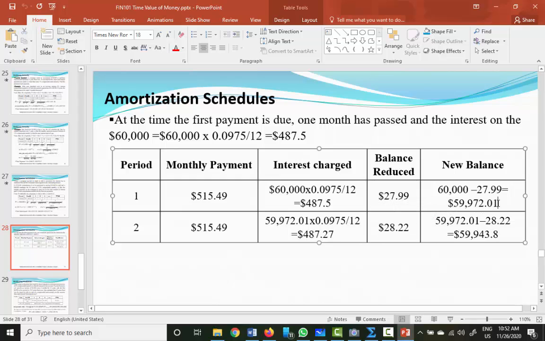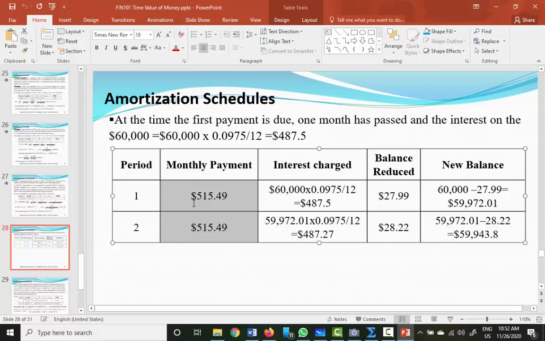The previous loan balance was this one, and from that you deduct $28.22 to get the new loan balance. So after the second month, your loan balance is $59,943.8.